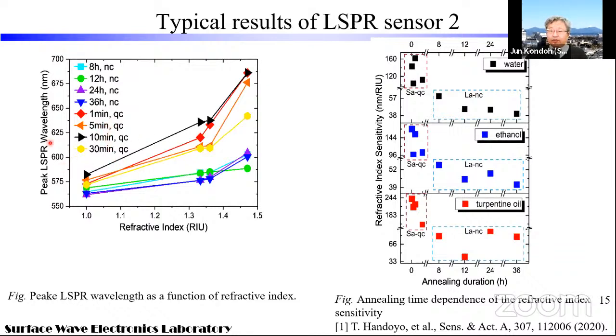The shift of the wavelengths for the short-time annealing and quenching is bigger than the long-time annealing and natural cooling. Therefore, the refractive index sensitivity for the short-time annealing and quenching is better than the long-time annealing and natural cooling.